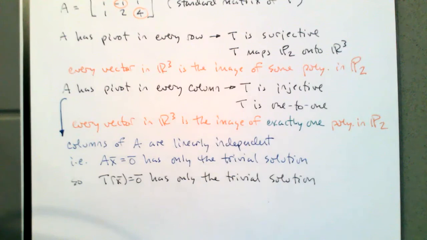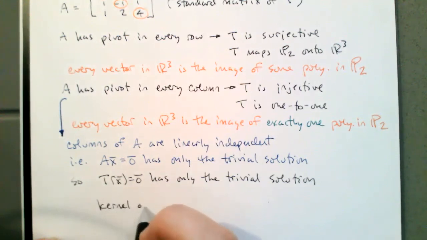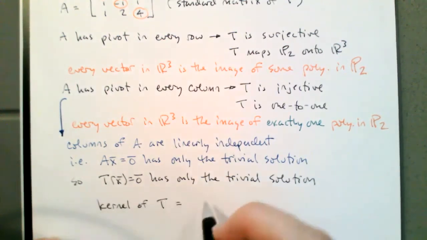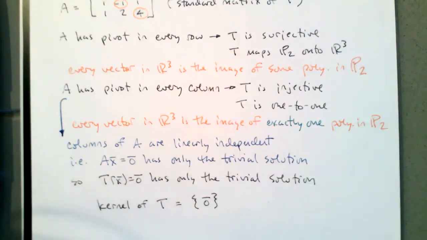That means that the kernel of T is just the 0 vector, because the 0 vector is the only thing that maps to the 0 vector, because the transformation is injective, because the matrix of the transformation has a pivot in every column.